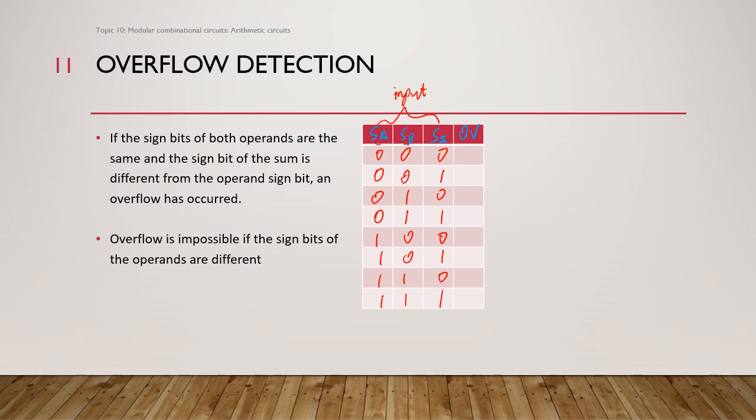So if I have 2 positive numbers and the output is positive, that's not overflow. If I have 2 positive numbers but we receive a negative result, which means we got an overflow here. Similarly, if I have 1, 1, then I get a 0 here, which means I have overflow.